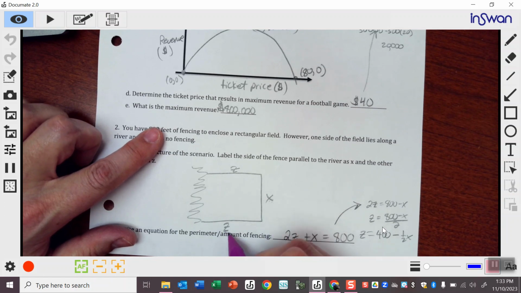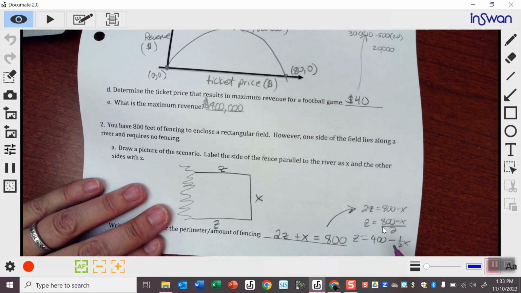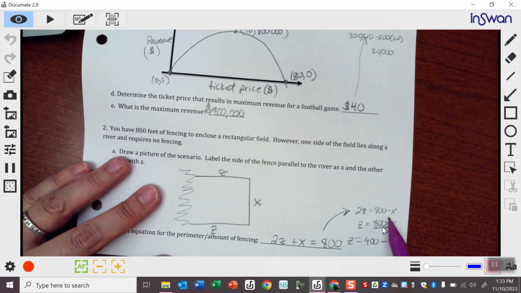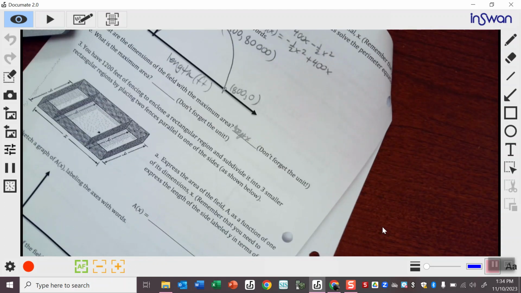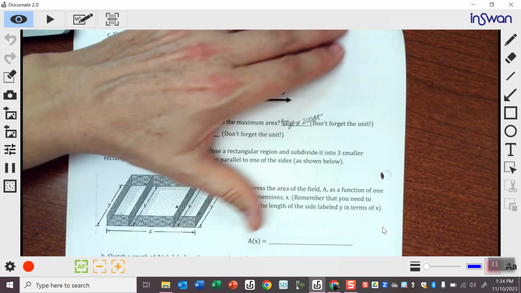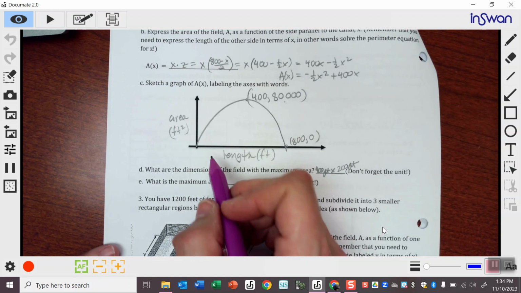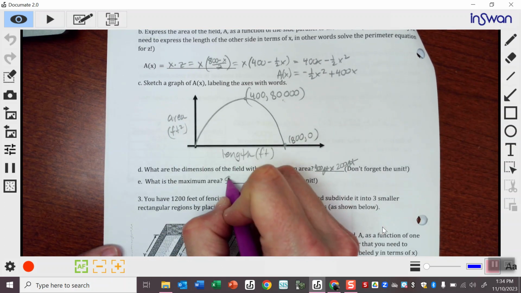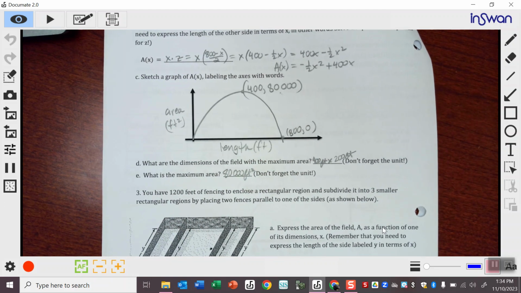So 400 by 200 is the best scenario. You could also get that by literally plugging 400 in for x in this problem right here. Okay. So 400 by 200. So 200 feet. So my dimensions are my x and my z. All right, maximum area. There it is, because that's what this is graphing. So 80,000 square feet. Okay.